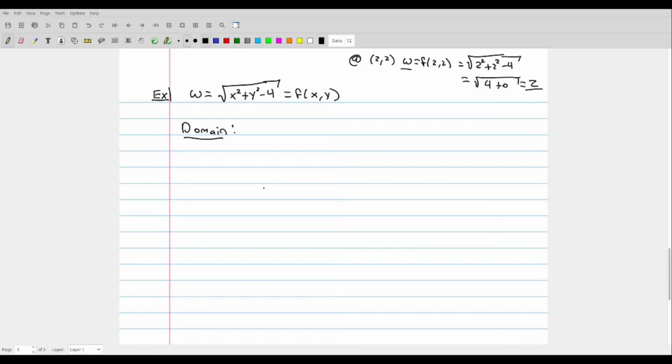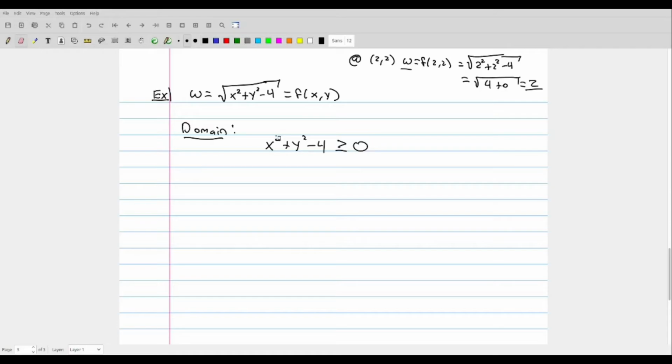So this gives us a restriction on our domain: x squared plus y squared minus 4 has to be greater than or equal to 0. If this is not true, you end up trying to take the square root of a negative number, which is not possible.